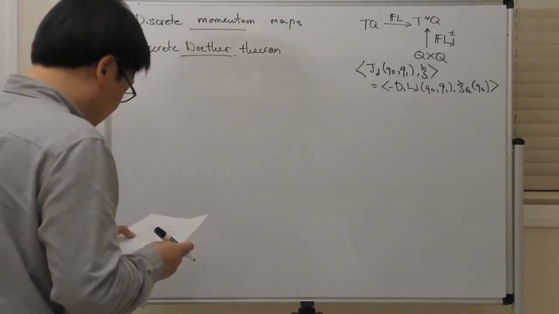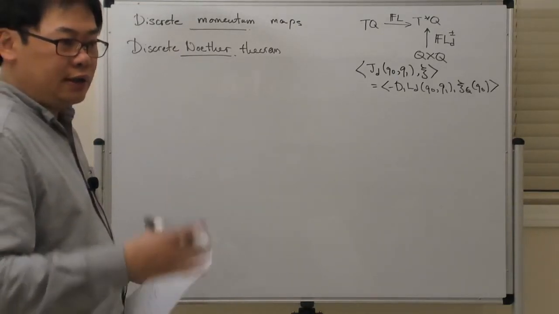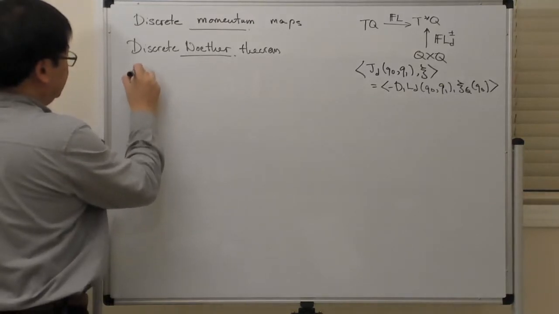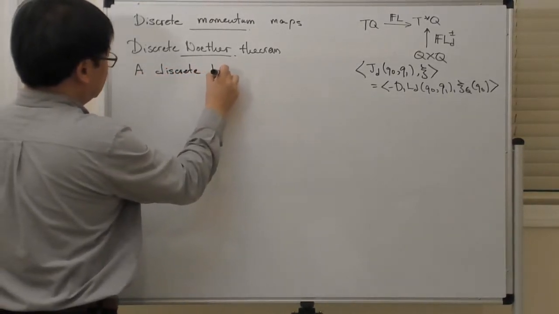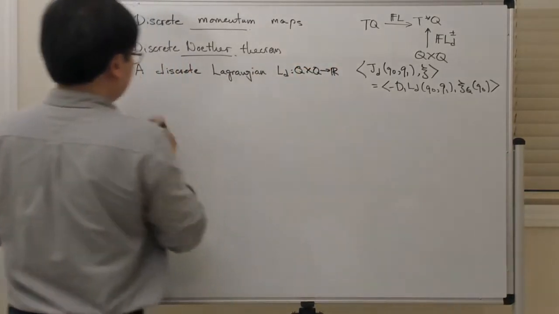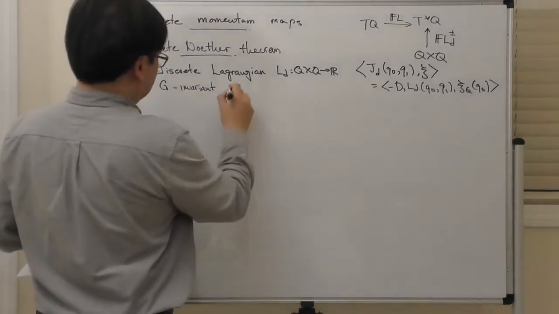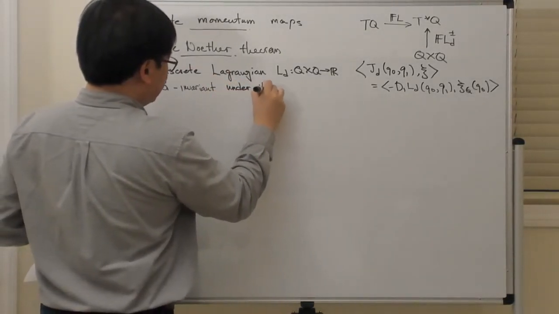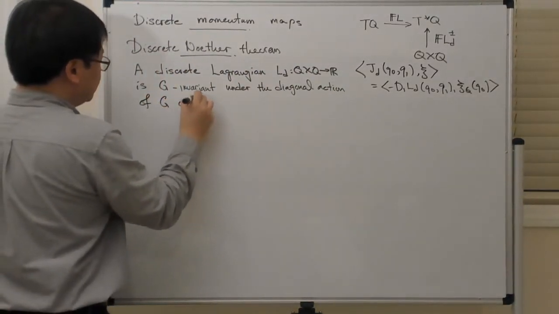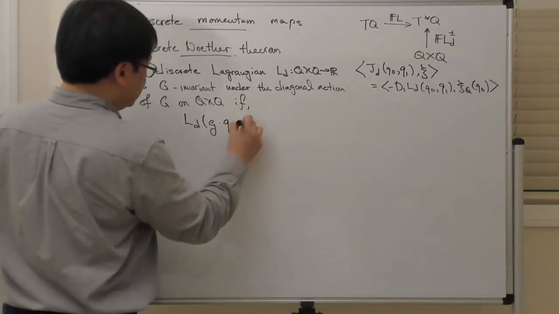Okay, and in that setting, the appropriate notion of group invariance of a discrete Lagrangian is that it's invariant under the diagonal action of the group on both copies of Q. So a discrete Lagrangian LD, which is a map from Q cross Q to the reals, is G invariant under the diagonal action of G on Q cross Q if LD of G acting on Q0, G acting on Q1 is equal to LD Q0, Q1.